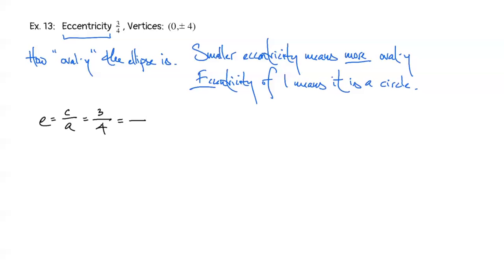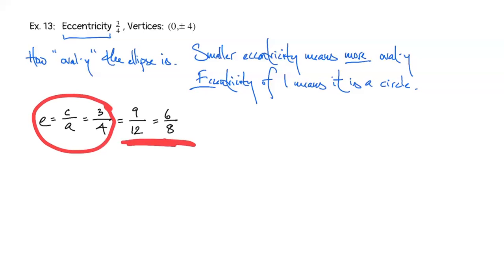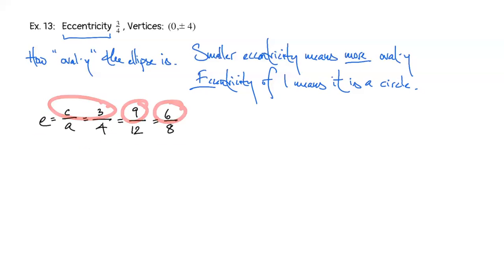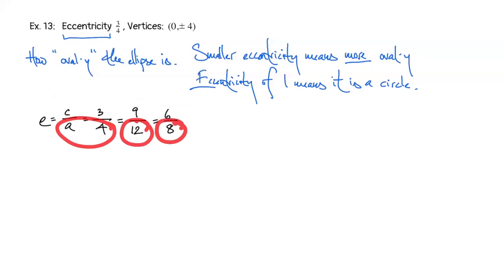Yeah, 9 over 12. That's another possibility, right? Maybe I had 6 over 8. I don't know, right? But all of these are possibles, right? So the eccentricity is usually the most reduced fraction, but we don't know what the fraction originally could have been. So c might be 3, but c could also be 9 or 6. And then a might have been 4, but it could also be 12 or 8.